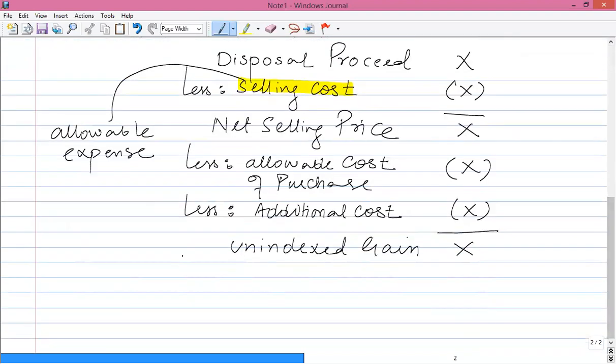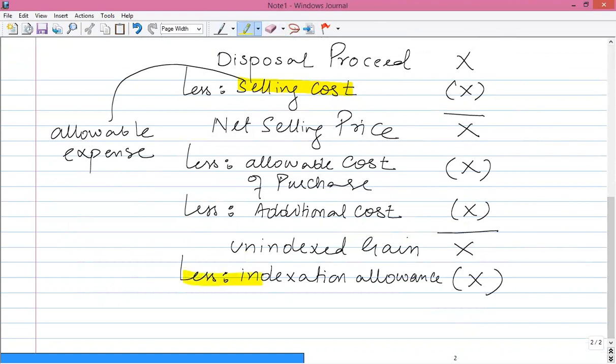And then tax authority allows the indexation allowance to be deducted against this gain. Remember that this indexation allowance is only available when there is a gain.